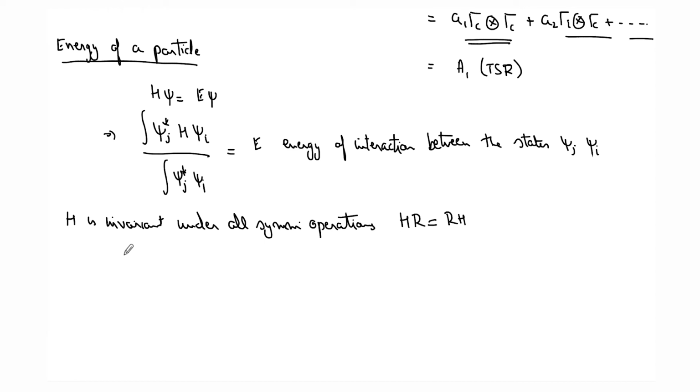That means H will form the basis of the totally symmetric representation, right? So if we know tau j and tau I, then H does not actually matter because it is always tau A. A is the totally symmetric representation, right?